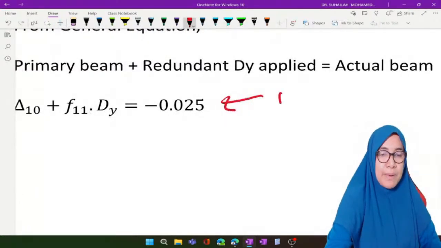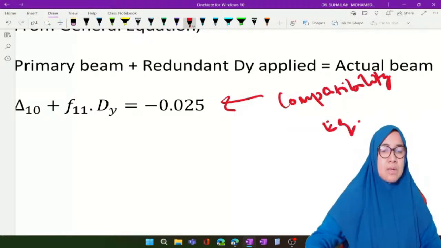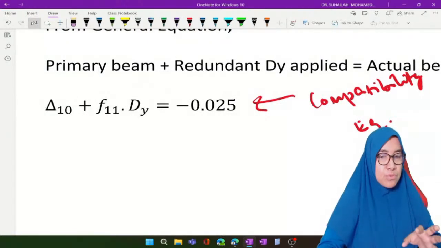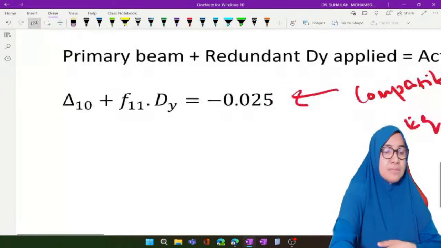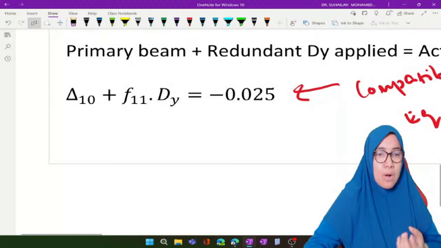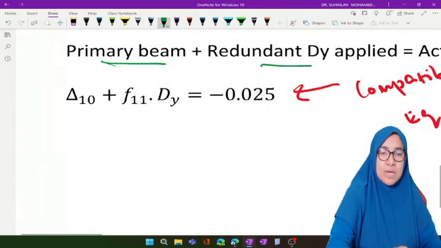This is the compatibility equation. Okay, so our task now is we have to analyze two systems. One is the primary system, one is the redundant system.